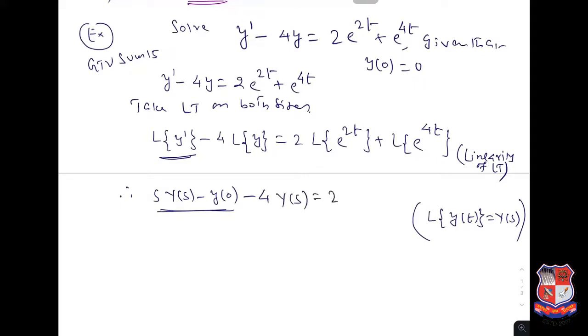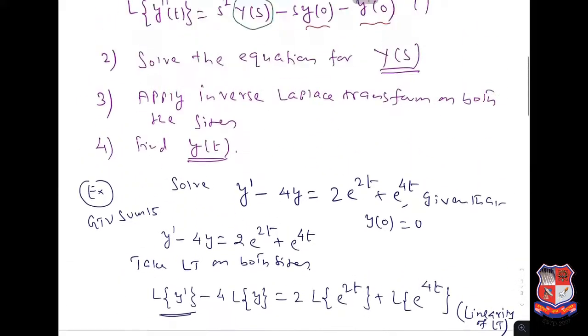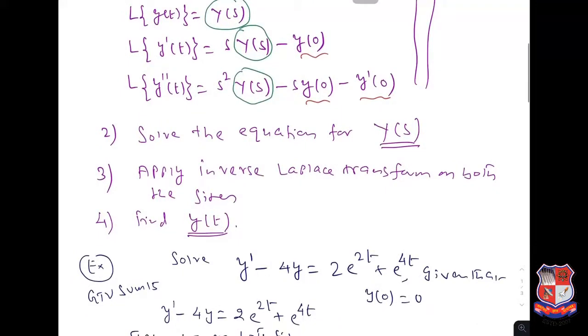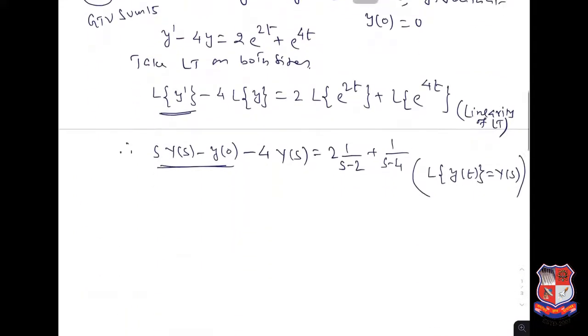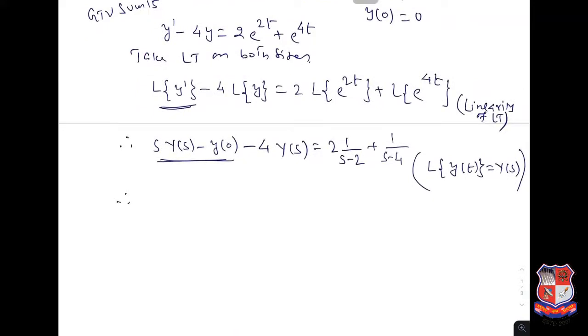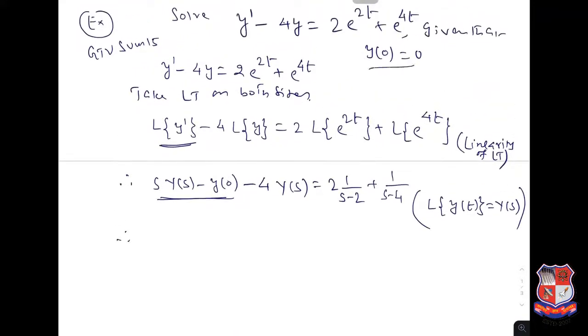So this is s Y(s) minus y0 minus 4 Laplace transformation of y is Y(s), equal to 2 Laplace transformation of e power 2t. This is standard formula. Now you should remember 1 over s minus 2 plus 1 over s minus 4. Now what is the next step? Next step is solve the equation for Y(s). So we need to make Y(s) the subject, and we need to use the y at 0 equal to 0 also.